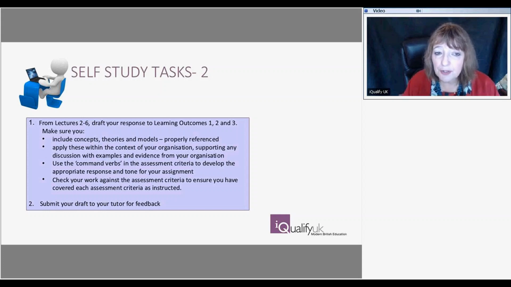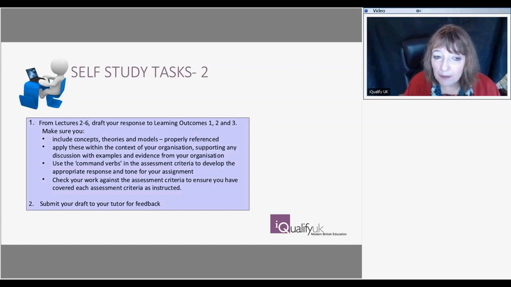From lectures 2 to 6, draft your response to learning outcomes 1, 2, and 3. And just as a guideline for you, again, please make sure you include your concepts, theories, and models, all properly referenced. Apply these within the context of your organisation, supporting any discussion with examples and evidence.